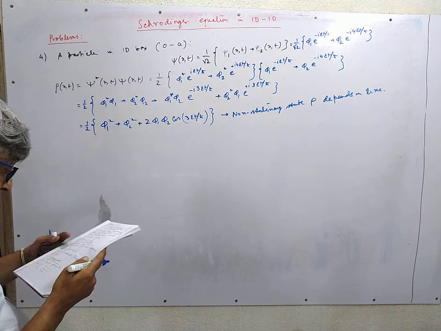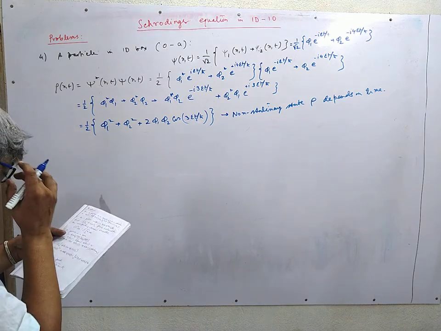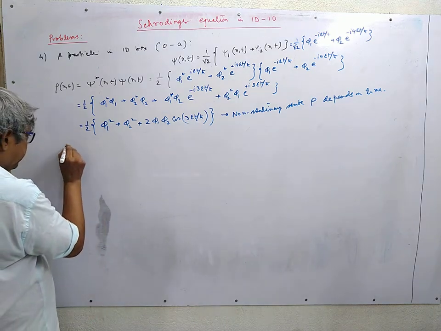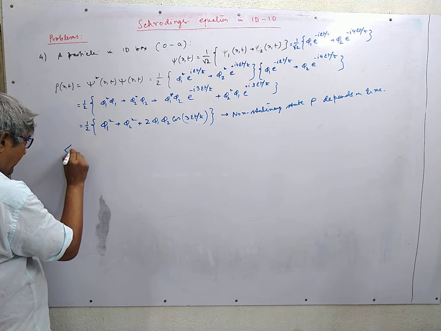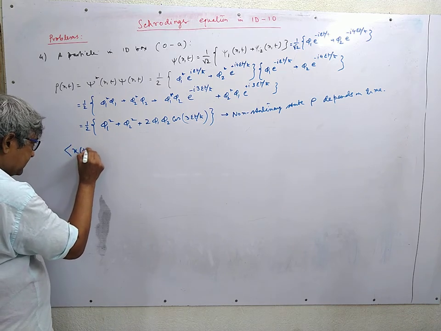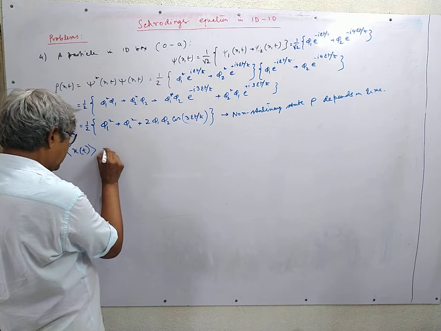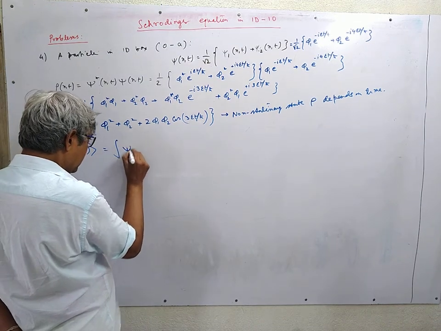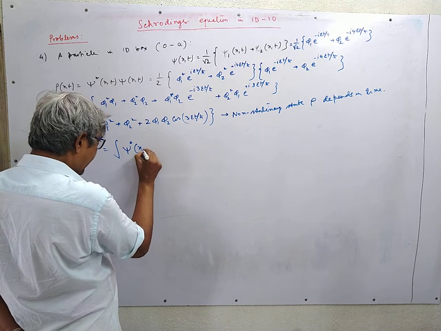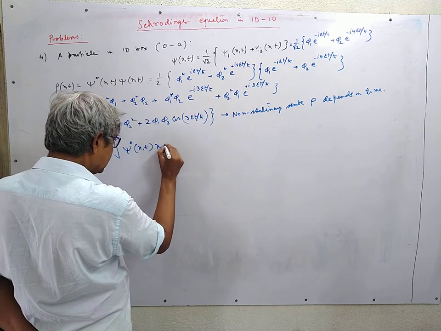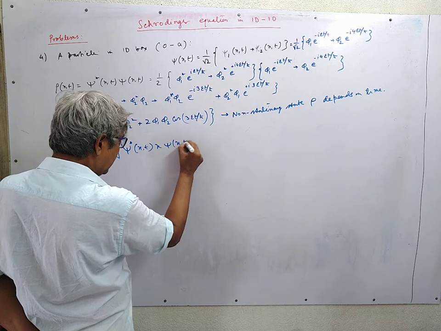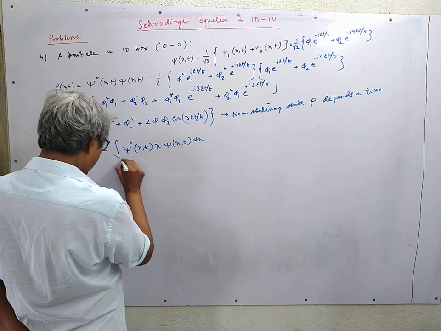Now the next part is to calculate the time dependent position. So we are to calculate expectation of x at time t in this state. So the definition is integral of psi star x t times x times psi of x t dx from 0 to a.